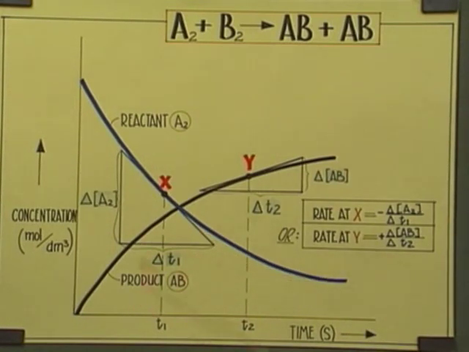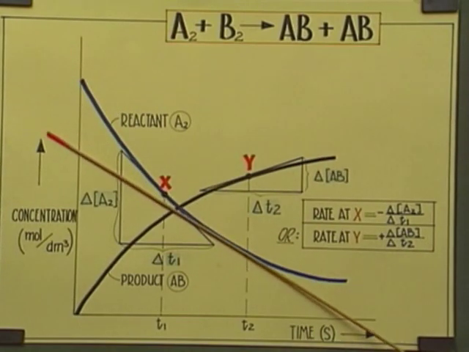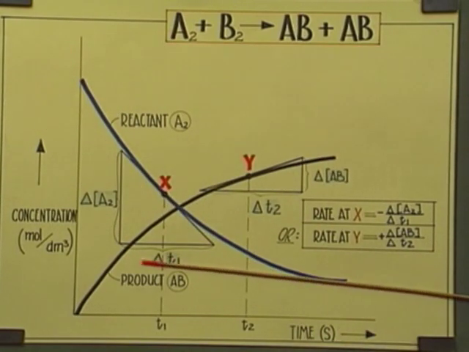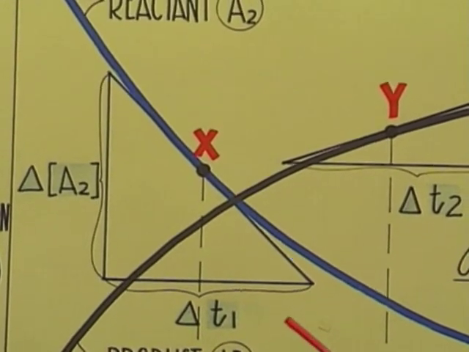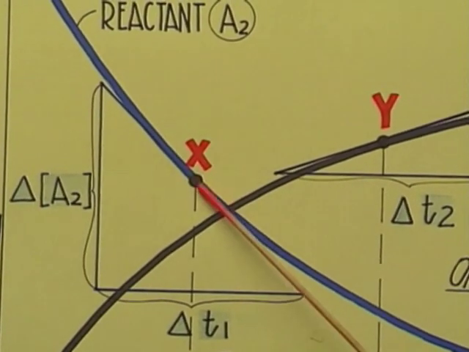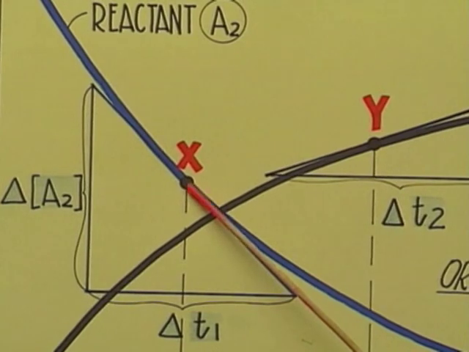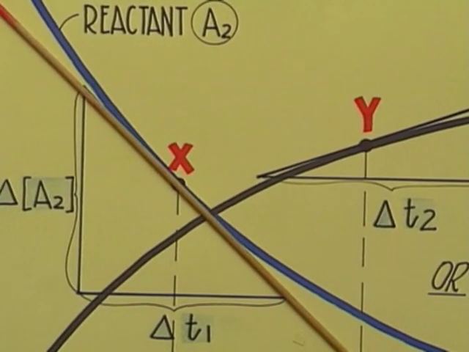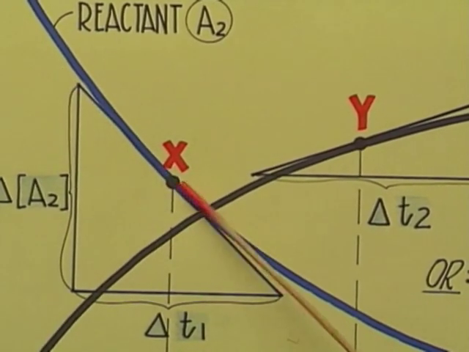This is because the concentrations of the reactants decrease with time, while those of the products increase with time. The smaller the concentration of the reactants, the slower the reaction will be. The instantaneous rate of a reaction at a given point in time is always given by the gradient of the tangent at that point on the curve.